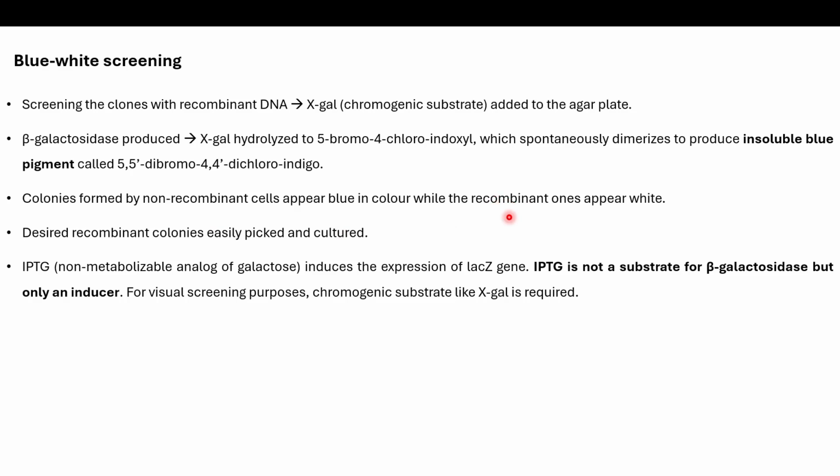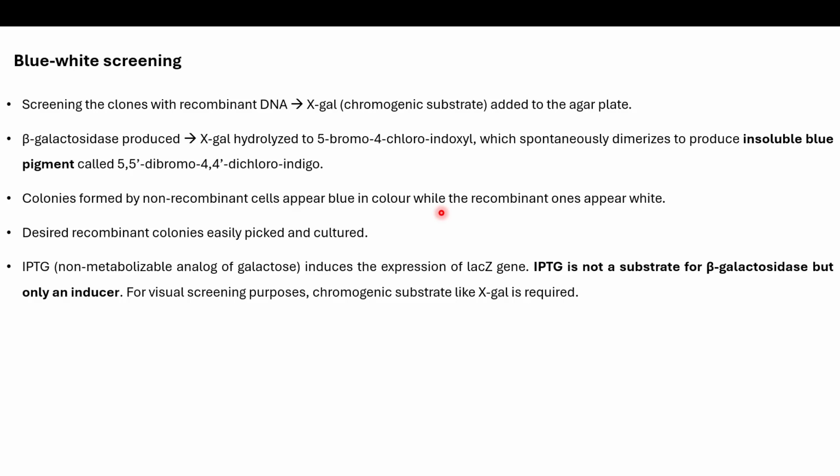So if the recombinant DNA has been inserted at the right place where we want it, the alpha complementation won't occur, functional beta galactosidase won't be produced, and it won't be able to act on this chromogenic substrate to form an insoluble blue pigment, right?